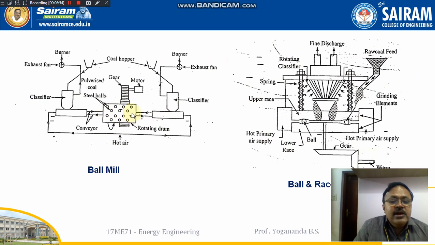When the drum gets rotated, the coal which is also fed into this rotating drum gets crushed between the rotating steel balls of various size and the walls of the rotating drum. So the coal gets sandwiched between the steel balls and the walls, and the steel balls also rotate with the drum, so the coal gets crushed.